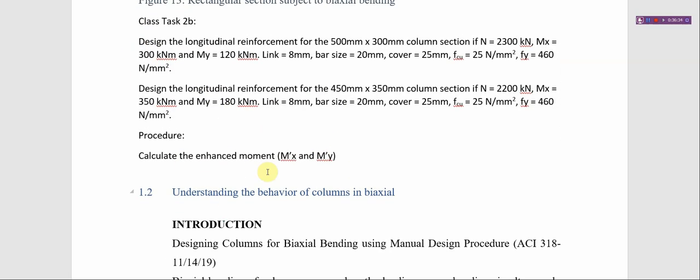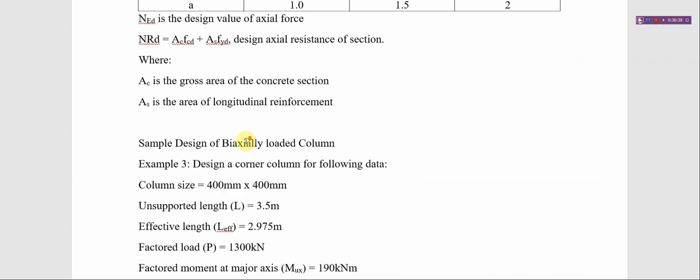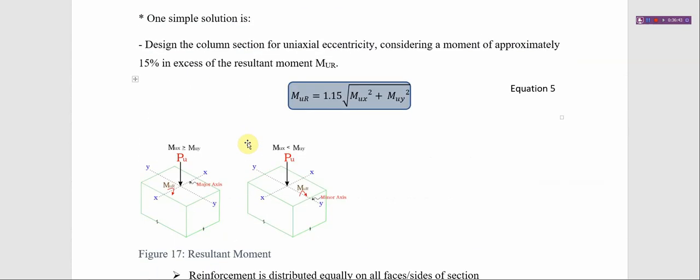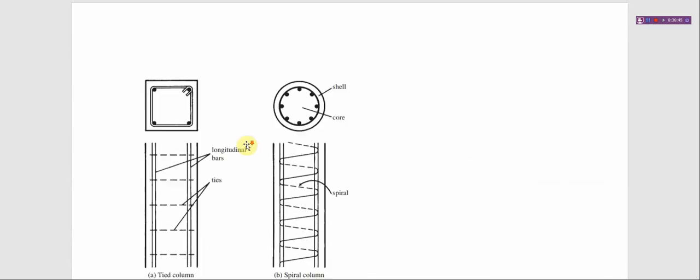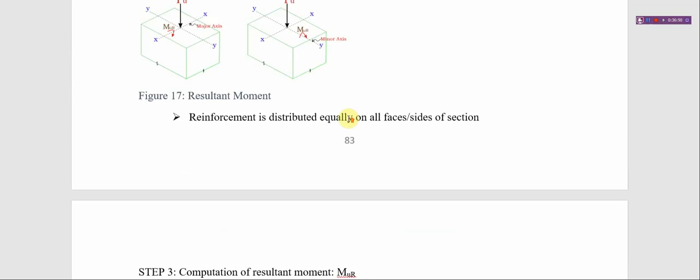So I think that's all about biaxial bending, uniaxial bending. The others are things you can read on your own. So that is all I need to explain to you on this particular column bending.